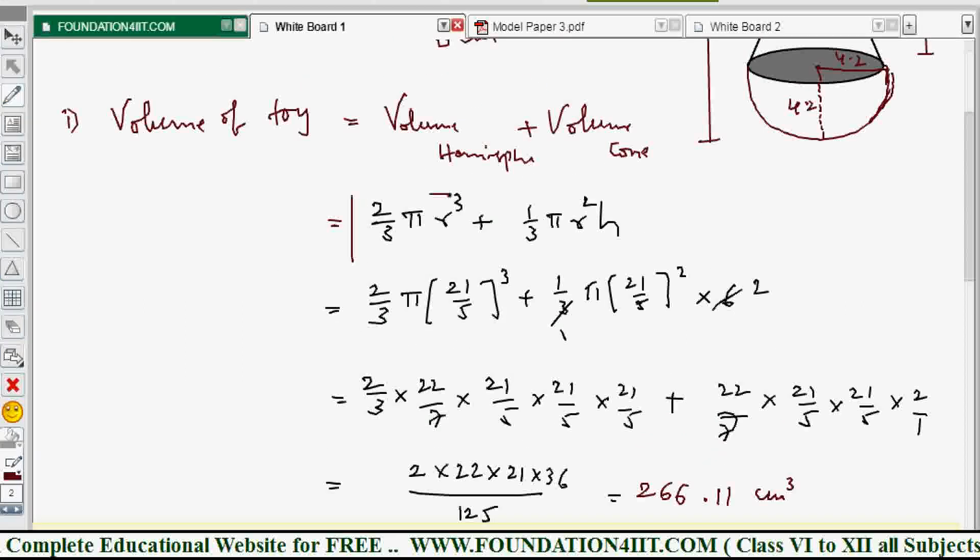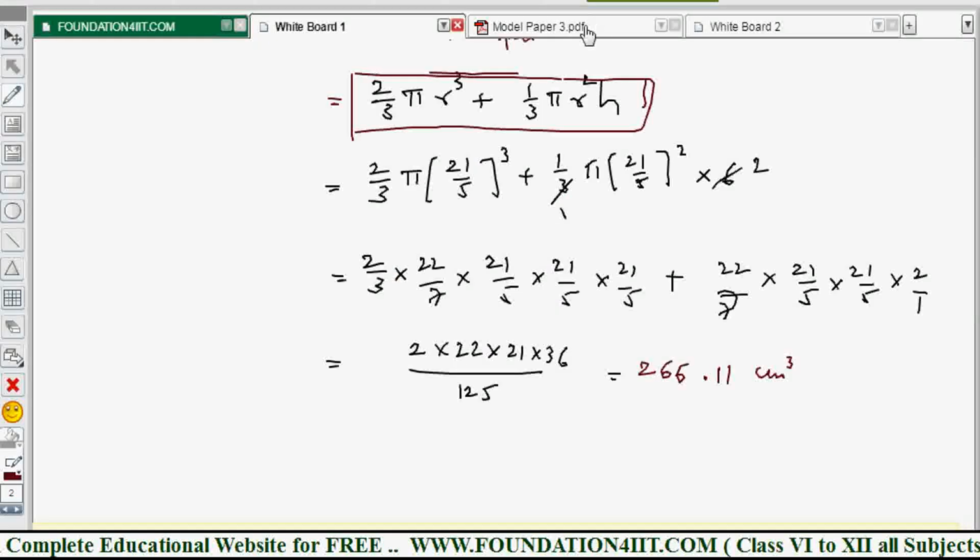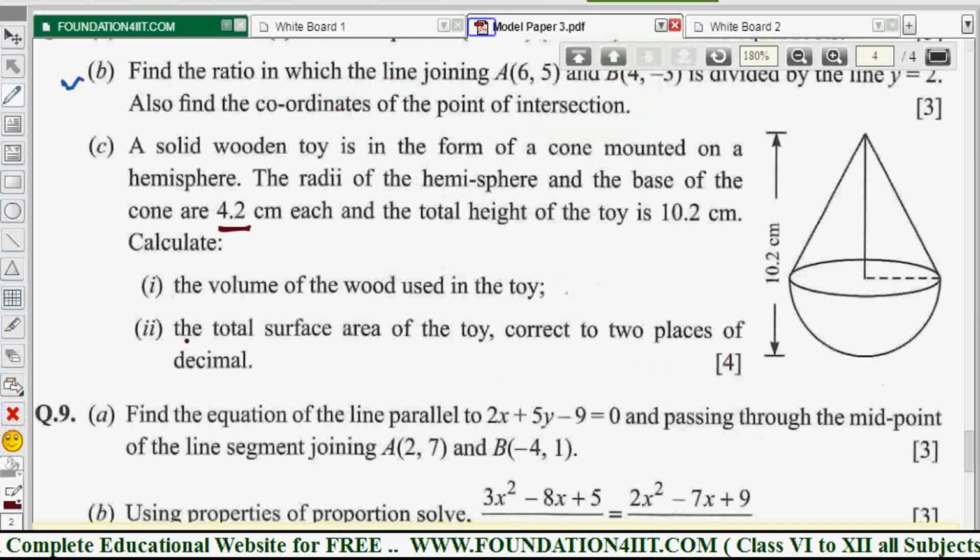You should know the method of how to solve. The main thing is that I applied these formulas. One more thing: we need to find out the total surface area of the toy. For that, we need the surface area of the cone and the surface area of the hemisphere.